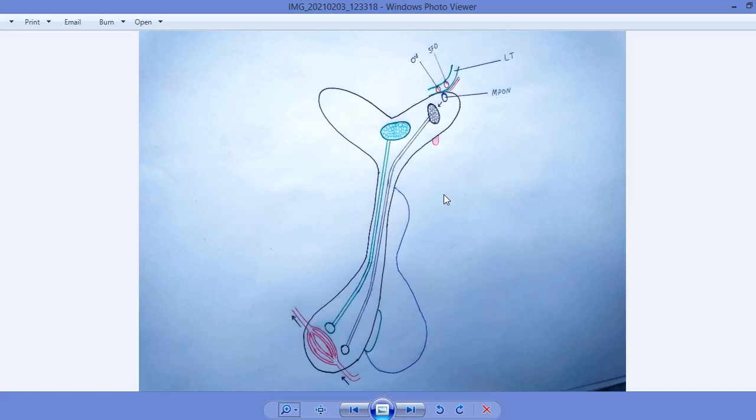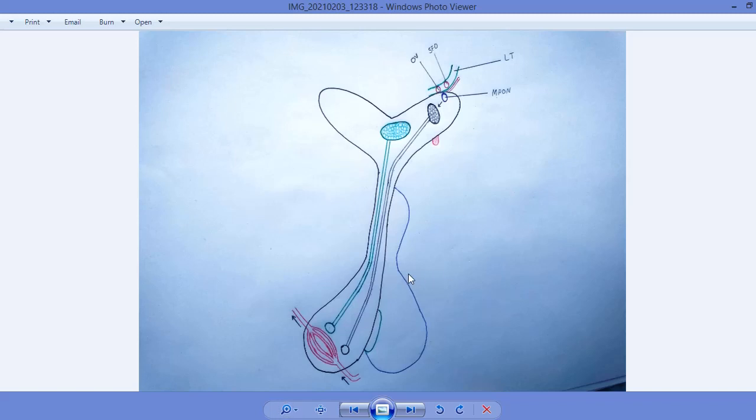So we should know that the ADH is secreted when the supraoptic nucleus is activated, and the supraoptic nucleus is activated when the osmoreceptors are activated, and the osmoreceptors are activated when there is low blood volume, or when there is low blood pressure, or when there is high concentration of solute inside the blood. Or one other condition is also pain, and when an individual is going through pain, these osmoreceptors are also activated.